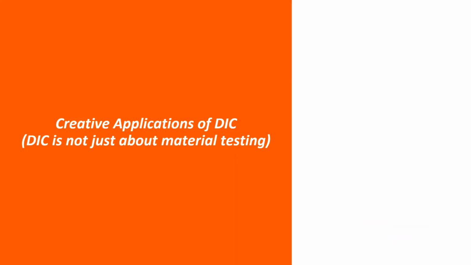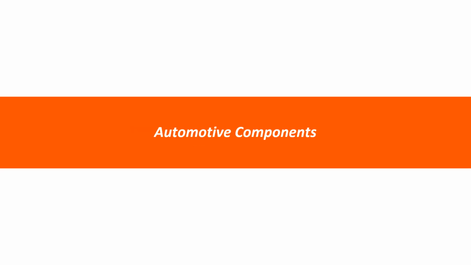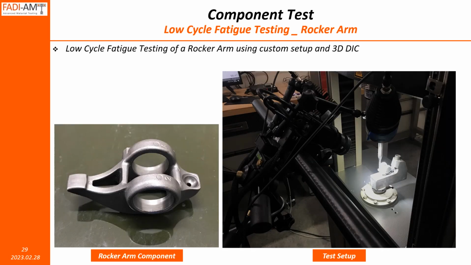Now let's look at some creative applications of DIC, because DIC is not just about material testing. Let's see how DIC is used for testing automotive components. This is a typical example that I wanted to share.